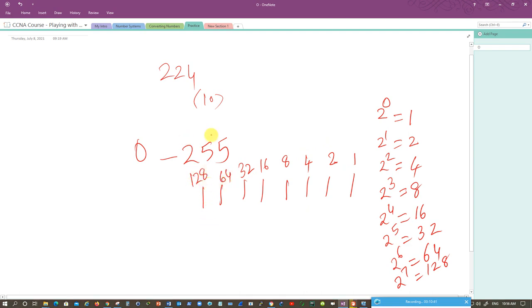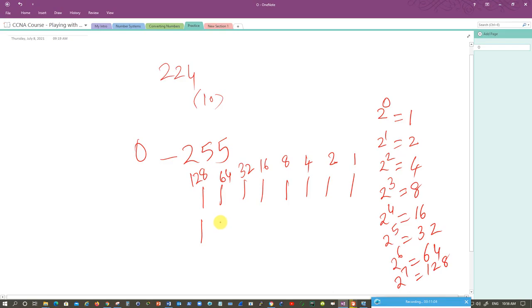I am looking for 224. So I'll see whichever number is meeting my requirement, I will take it as 1. Whichever is exceeding my requirement, it will be 0. 128 is needed in order to make 224. We are trying to convert this decimal 224 into binary.